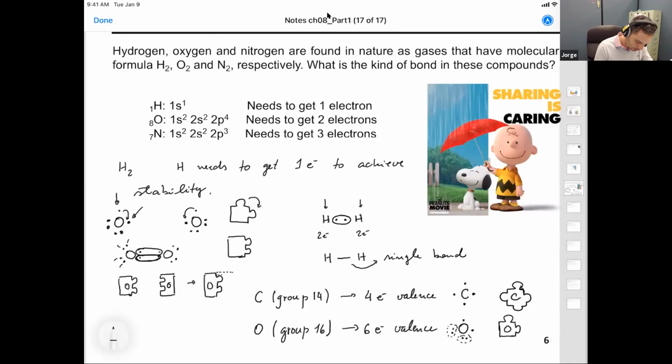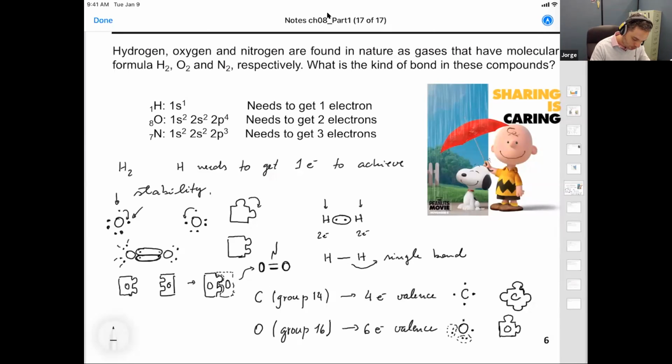Here, the other atom over here. Now, in this case, we don't have one single bond, but now we have 2 bonds, okay? So we represent the pair of electrons being shared by a dash. Each pair, one dash.